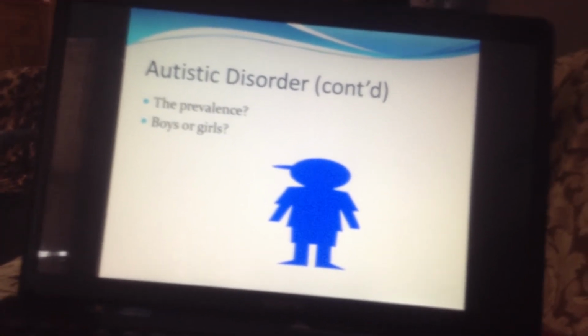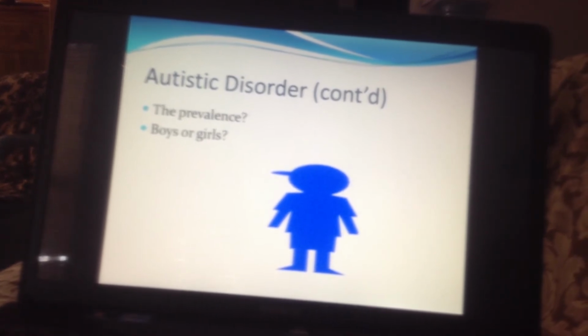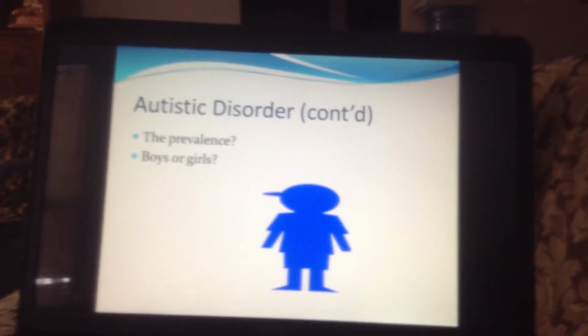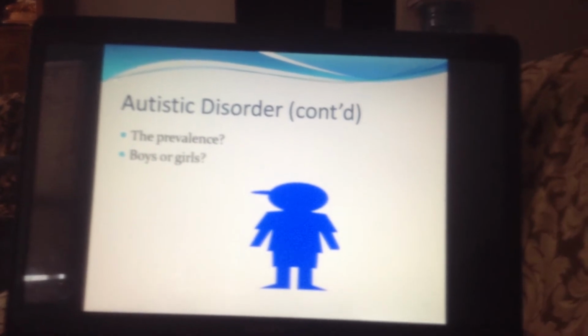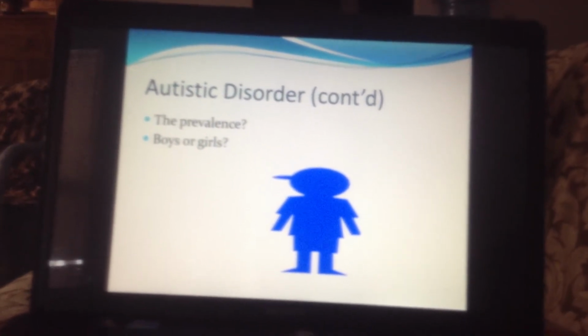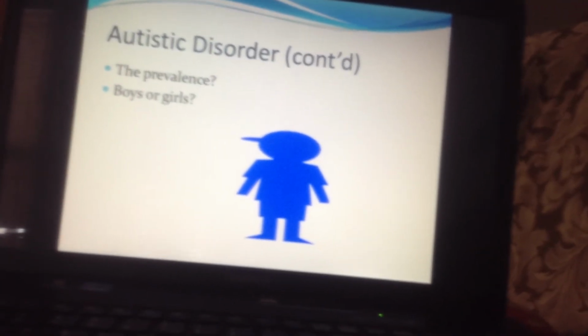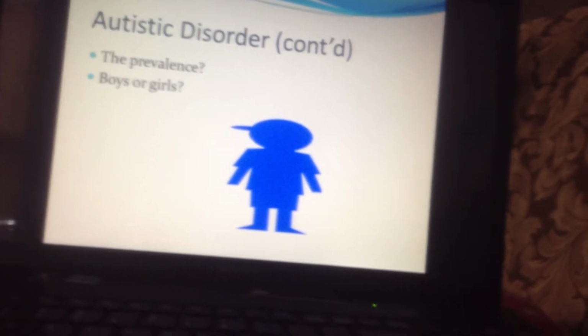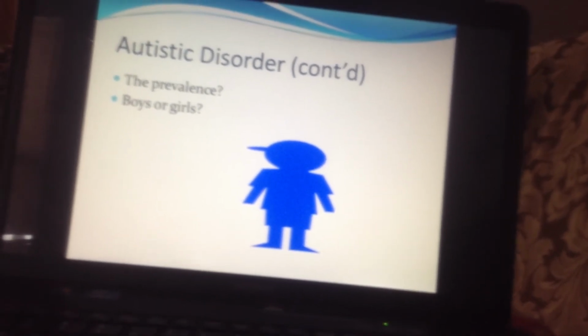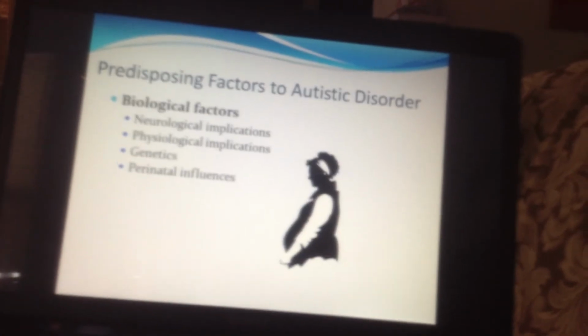Autistic disorder, the prevalence, it is not very common, even though it is starting to get common nowadays. You would see that 9 in 1,000 kids would be having an autistic disorder. It is more common in boys than in girls.